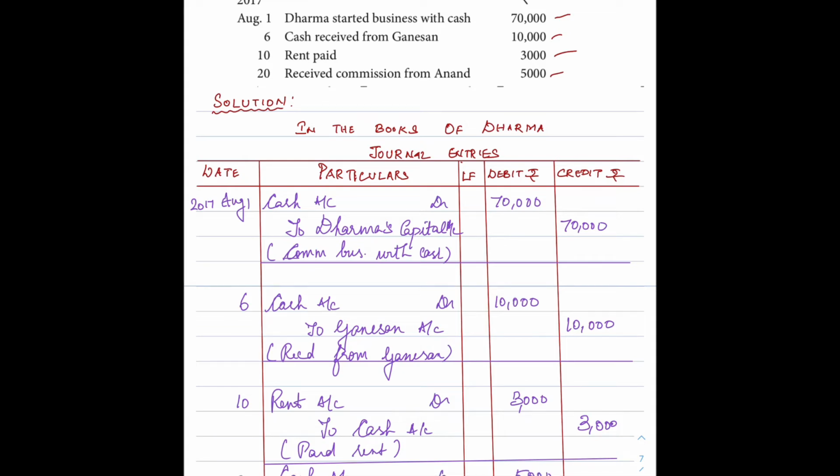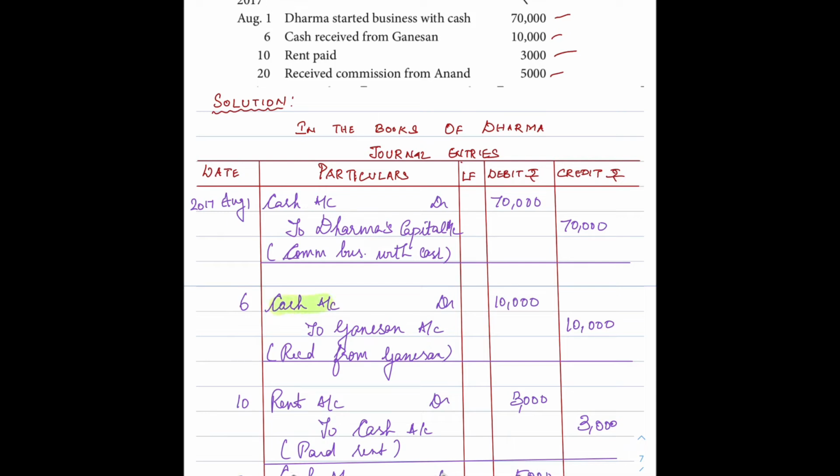In the books of Dharma, the journal entries. First, cash account debtor to Dharma's capital account. Cash is coming in, and Dharma is the giver, a personal account. Write the narration as commenced business with cash. Next, cash received from Ganeshan.